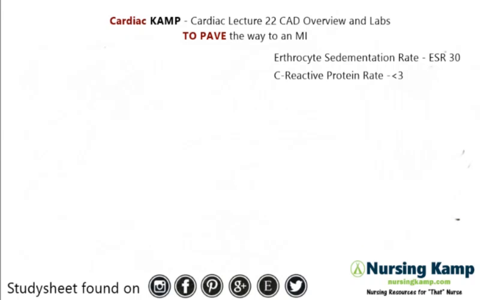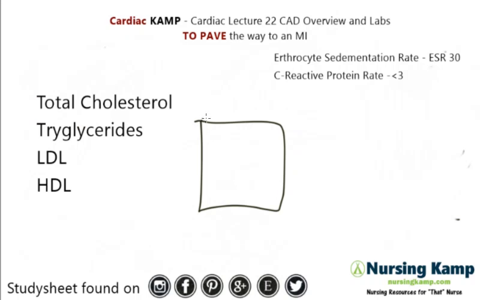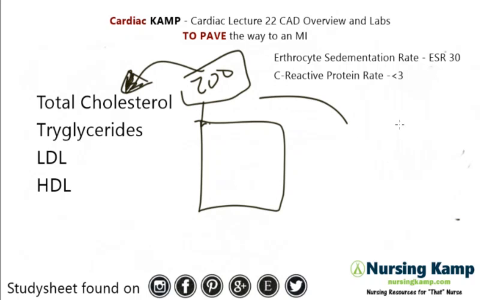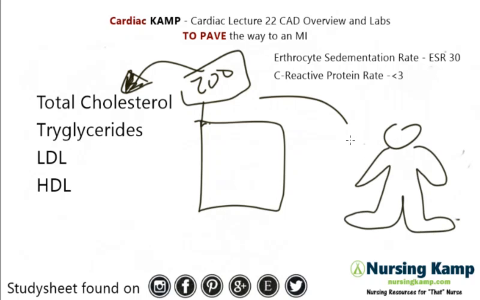Let's get into the fishbone. The fishbone looks like this, and on this side is going to be our cholesterols. The first cholesterol we're going to look at is 200, and that is total cholesterol. Total cholesterol is a generic screening that they might get at a blood pressure clinic where they do biometrics. They do a little finger stick and the cholesterol is greater than 200.